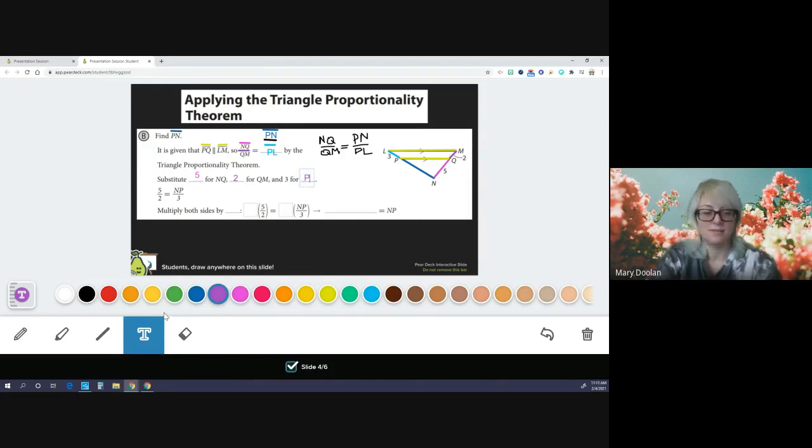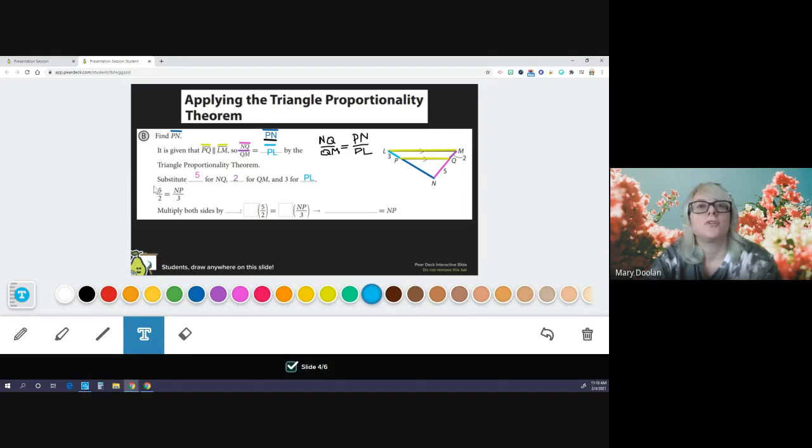Yes, PL. Try to be consistent with coloring. So now that we know what we're substituting, that's where this comes from: 5 is to 2 as NP is to 3.